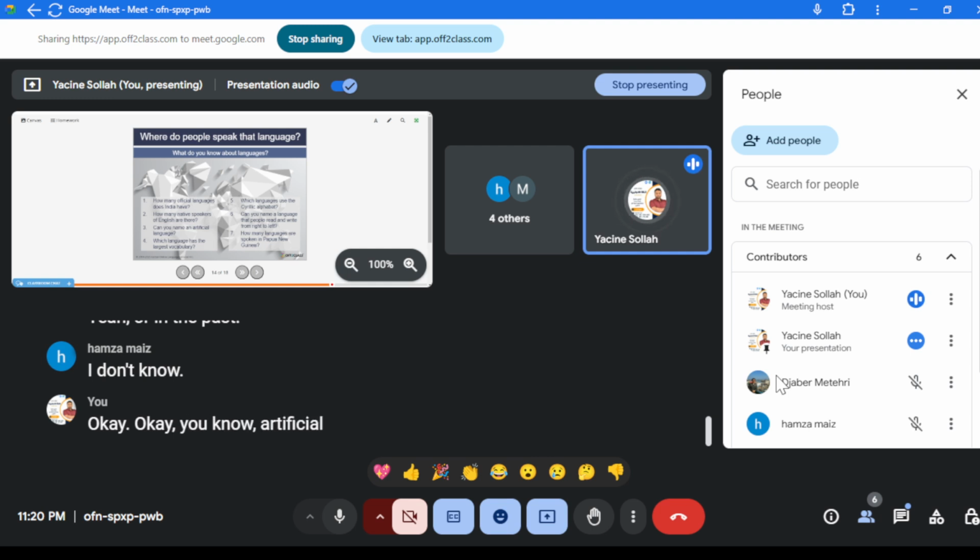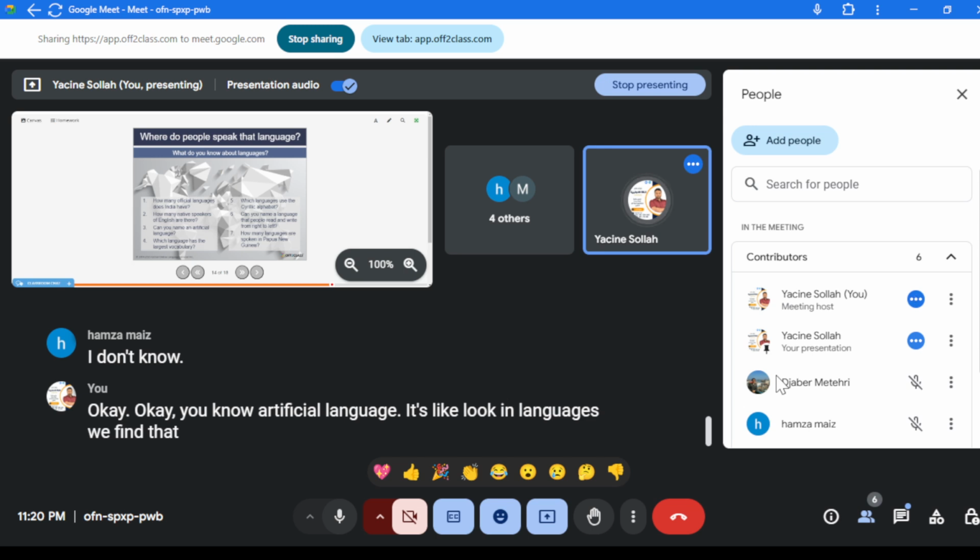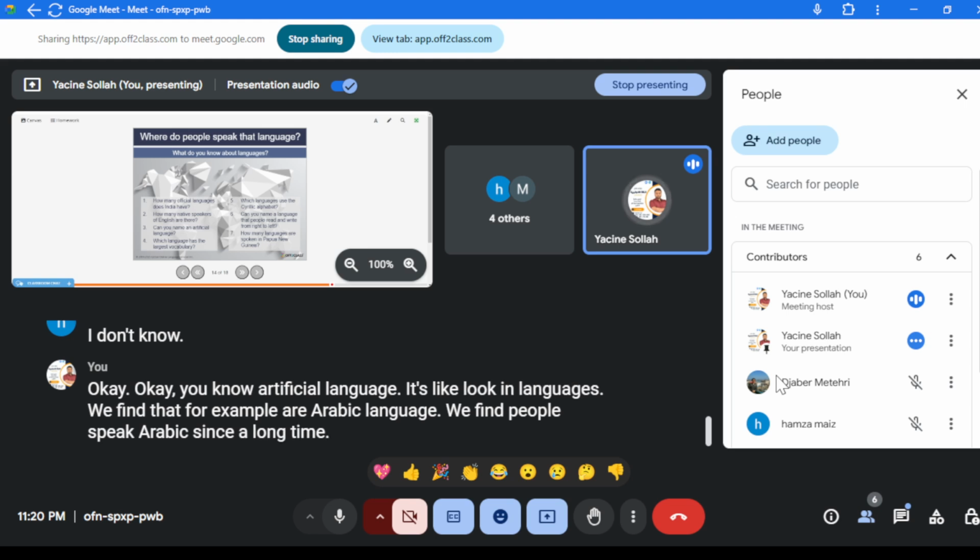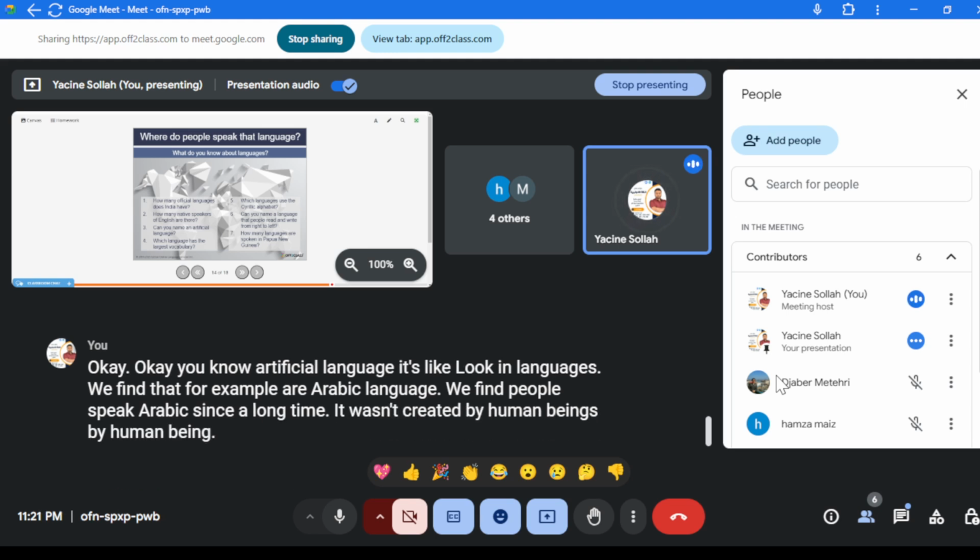Artificial language, it's like, look, in languages, we find that, for example, Arabic language, people have spoken Arabic for a long time. It wasn't created by human beings. It's natural, right?